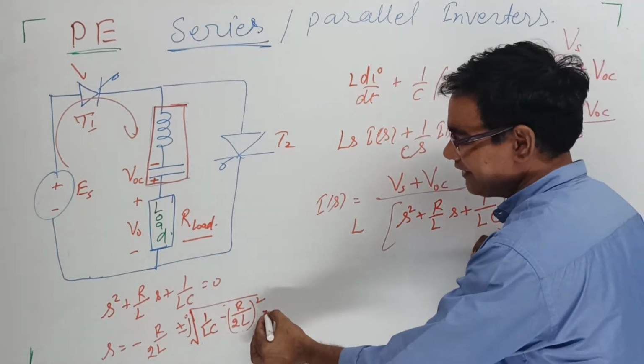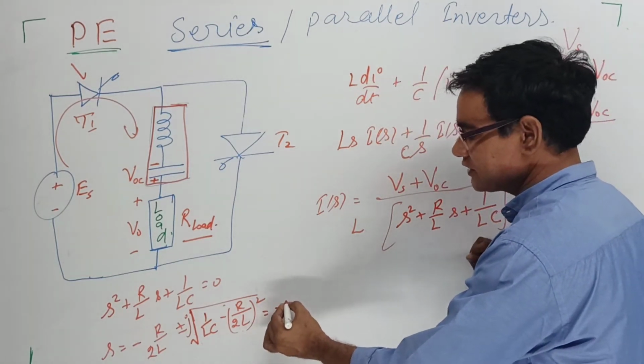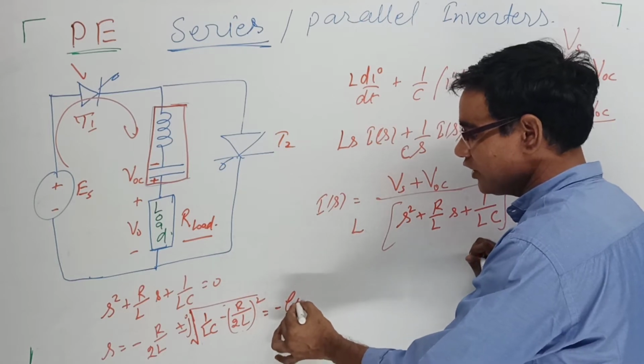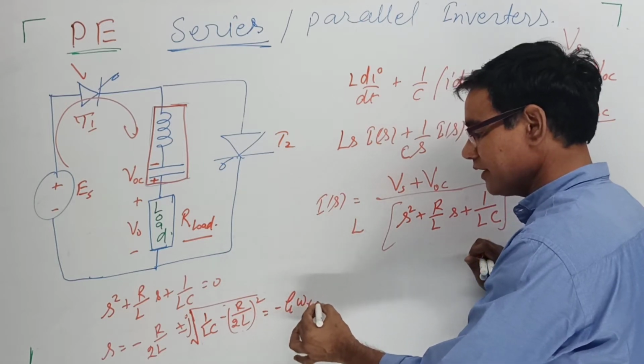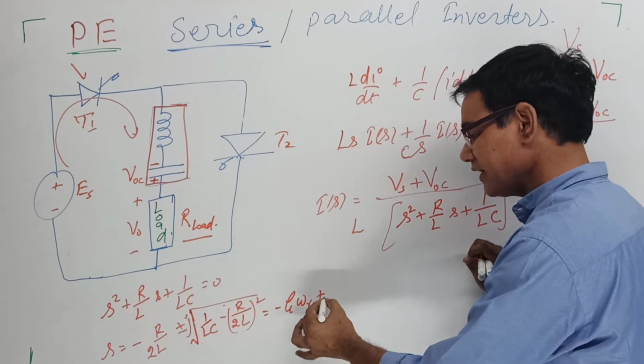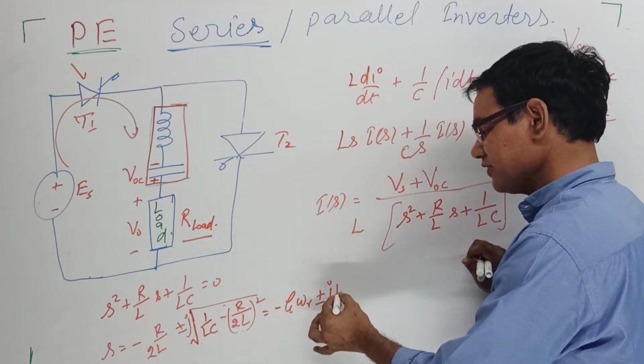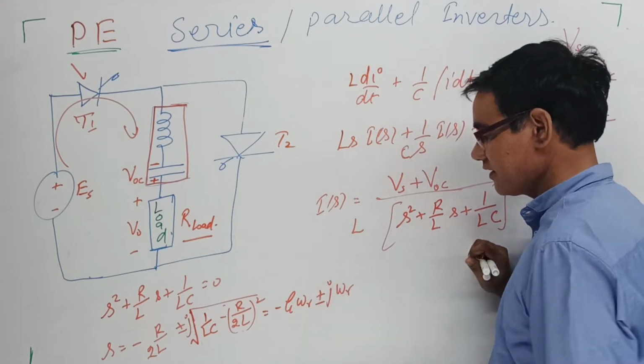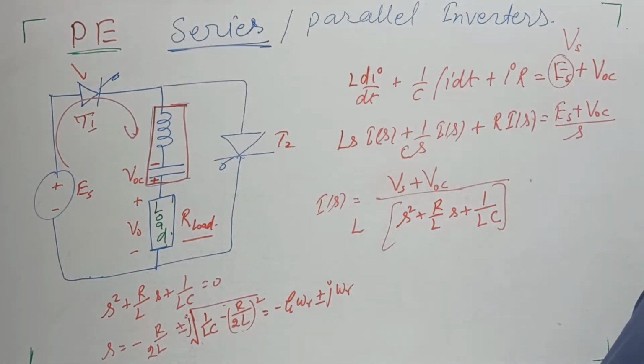This further can be written as minus xi omega r plus minus j omega r.